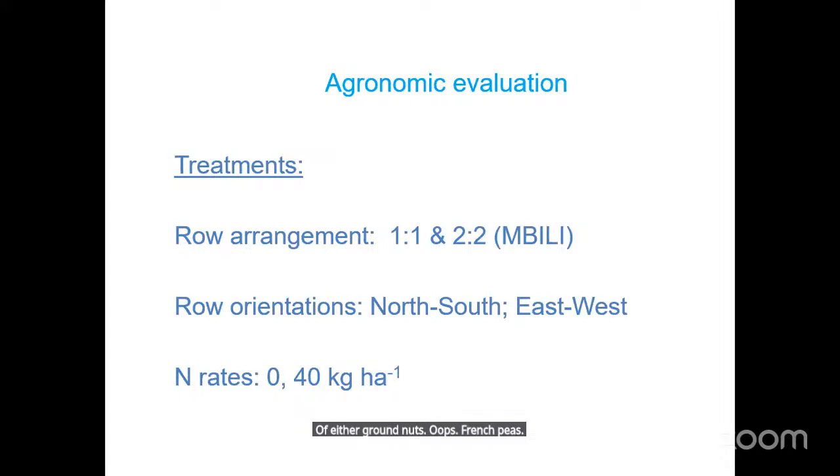And in Kenya, I think they call that imbili. Imbili means two. One or two to two. And then the other treatment is orientation of the rows, east-west, and north-south, or south-north, whatever.